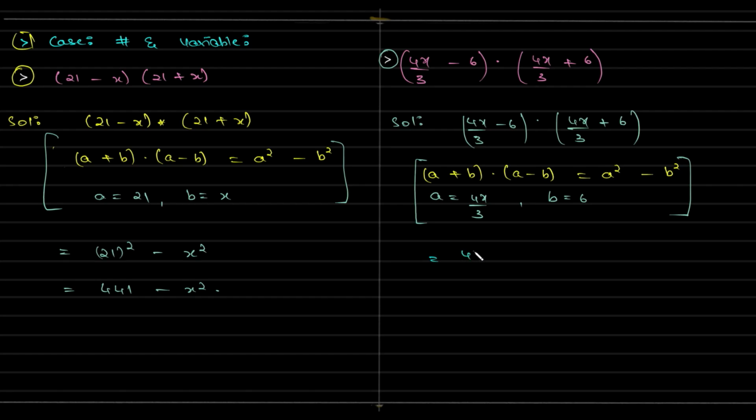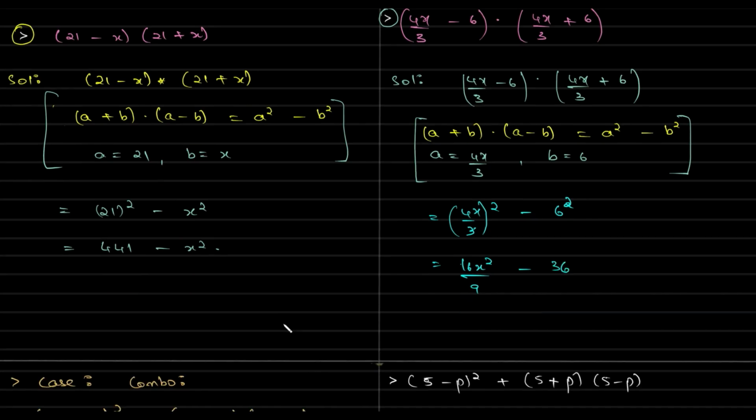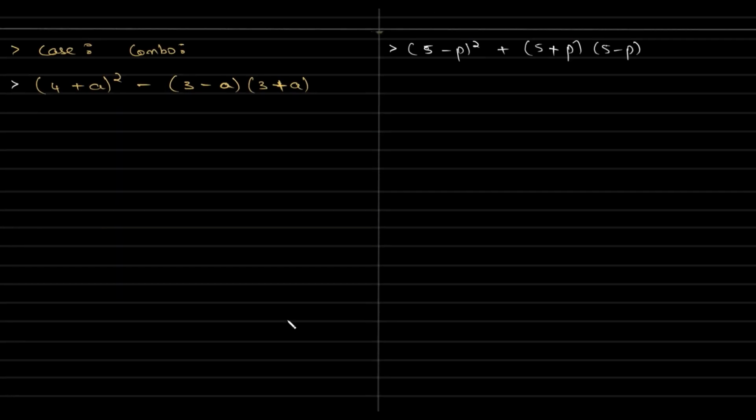This is (4x by 3) the whole square minus 6 square. So for 4x by 3 squared, you have seen this in the last video. What is it? 4 into 4 is 16, x into x is x square, 3 into 3 is 9, minus 36, right? Okay. Now combination of things.